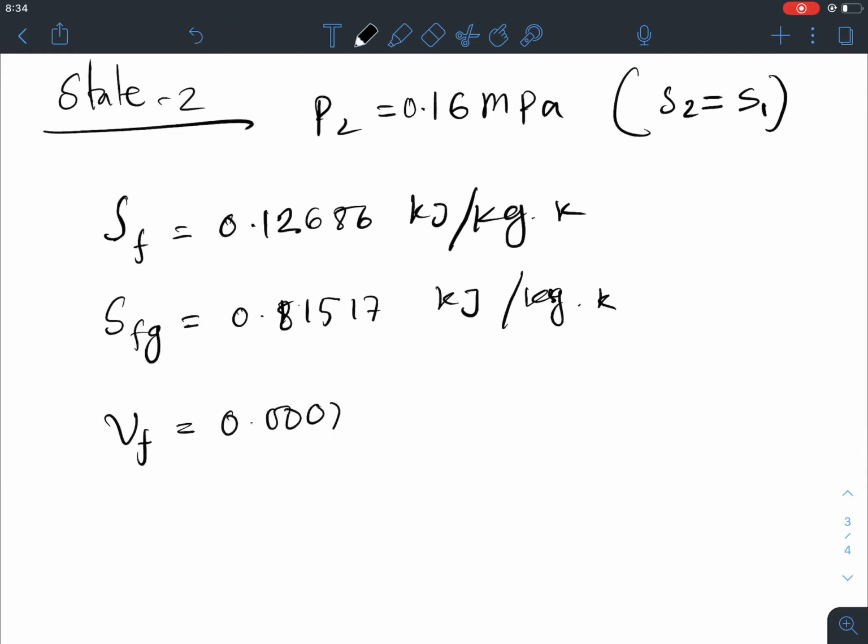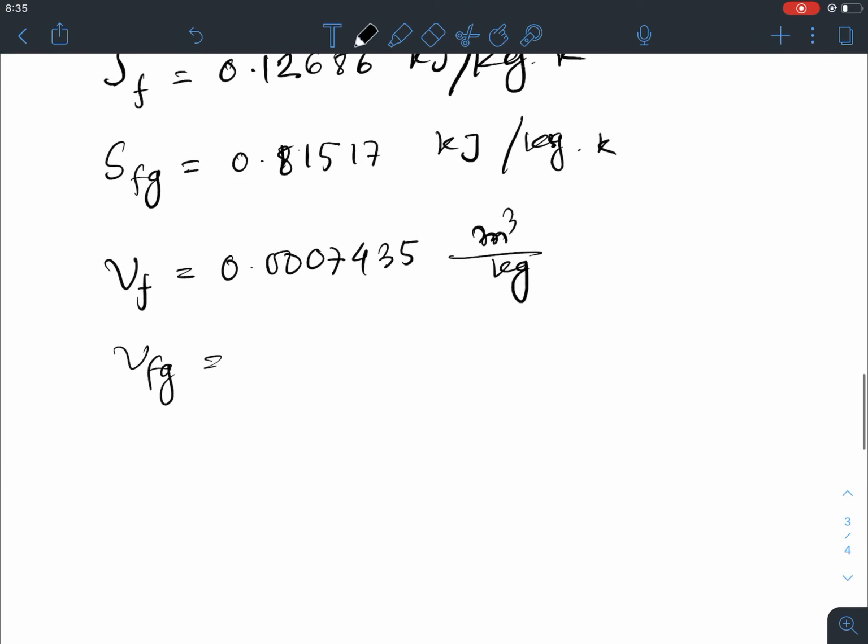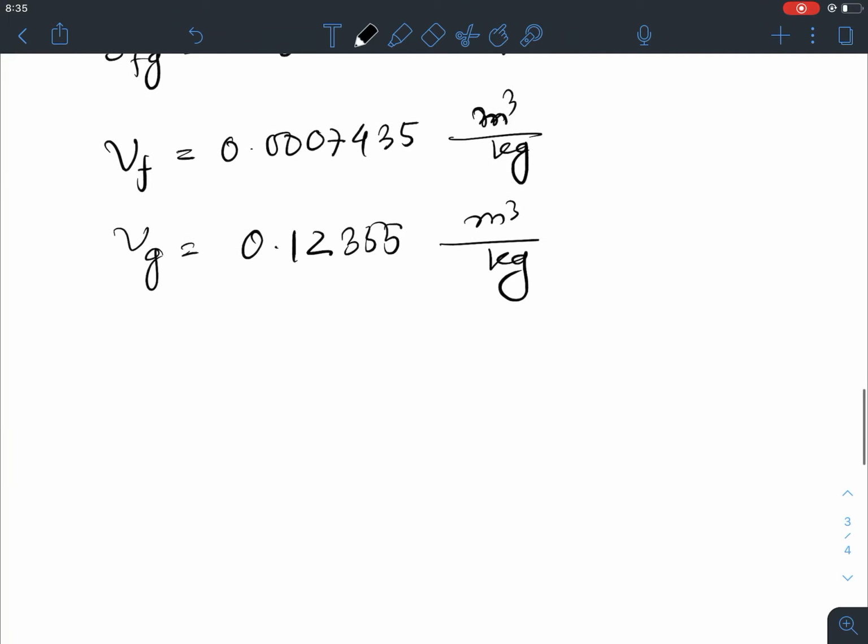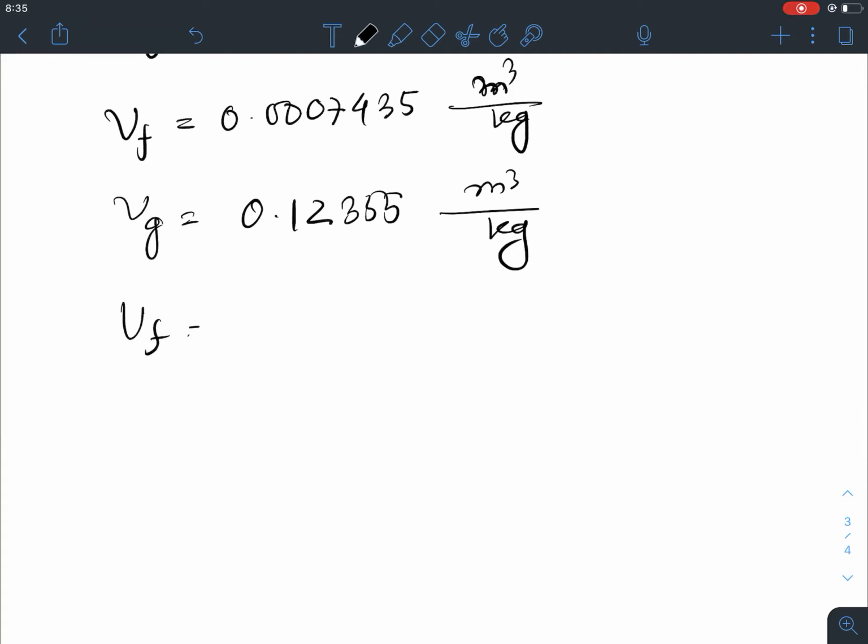And then we know the specific volume, vf equals 0.0007435 meter cube per kg, and vg equals 0.12355 meter cube per kg.